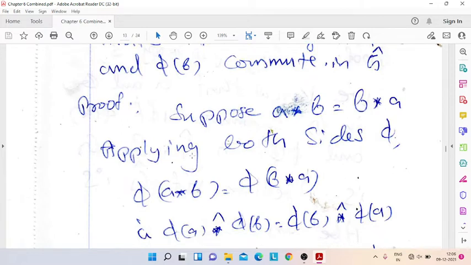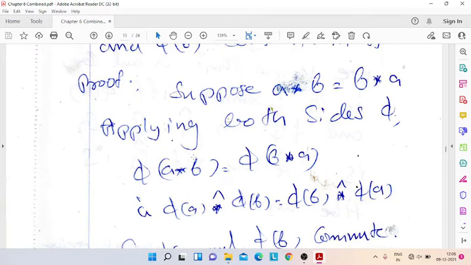To prove this, first suppose that A star B equals B star A. That means A and B commute in the first group.